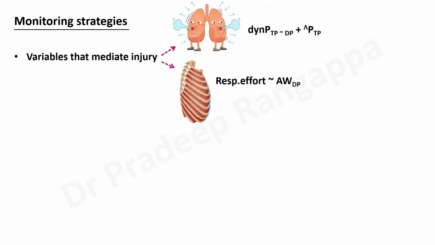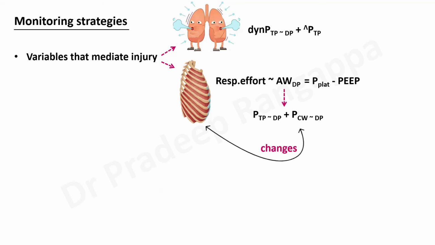And there are certain variables which have a bearing on the respiratory effort, which is the airway driving pressure. This is just the driving pressure, what we use in ARDS, which is plateau pressure minus PEEP. But this airway driving pressure is dependent on the transpulmonary driving pressure and the chest wall driving pressure. And this chest wall driving pressure is dependent on your respiratory effort.